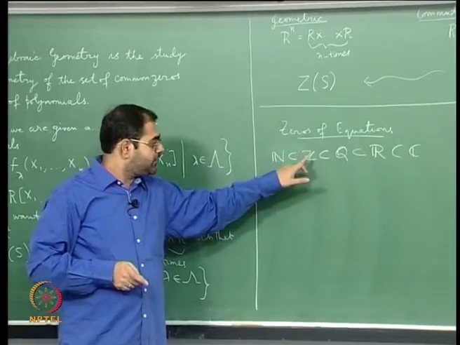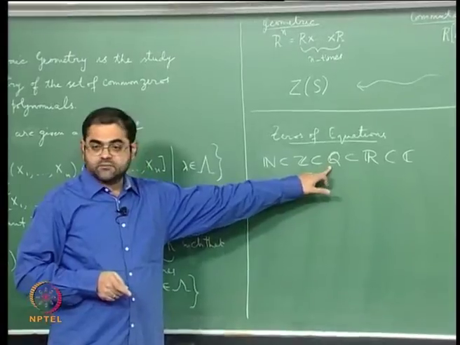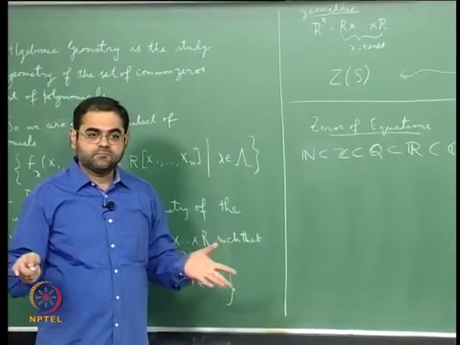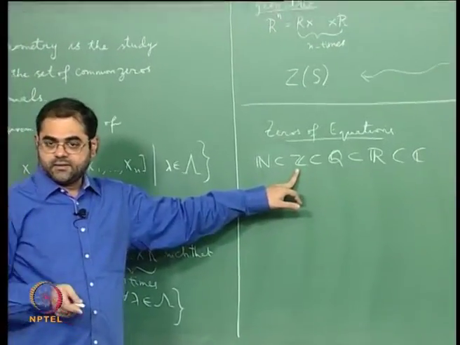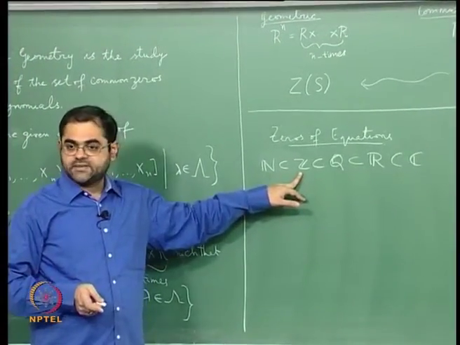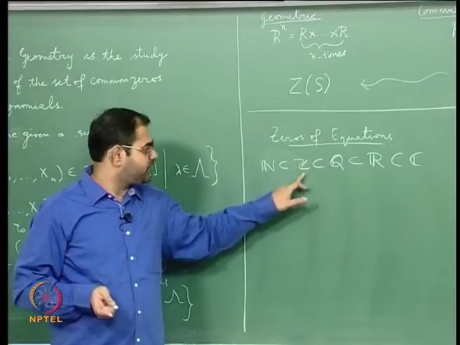And then you can have an equation over integers which doesn't have a solution in integers but has a solution only in rational numbers, for example 2x equal to 3. It's very well an equation over integers, but the solution is x equal to 3 by 2, which is a rational number, so you have to extend.